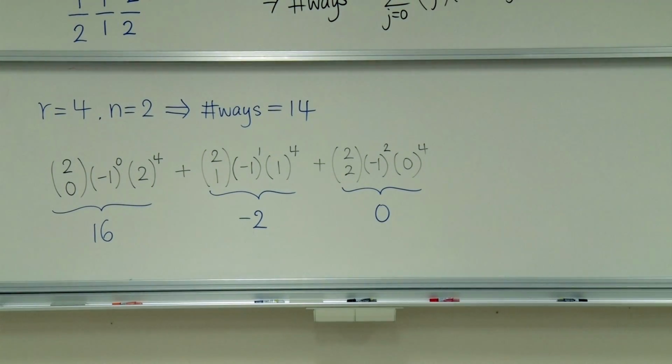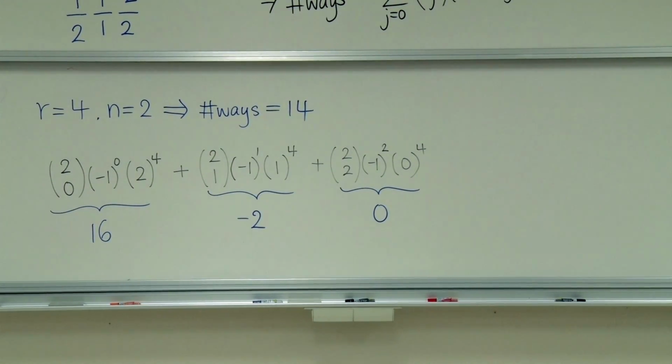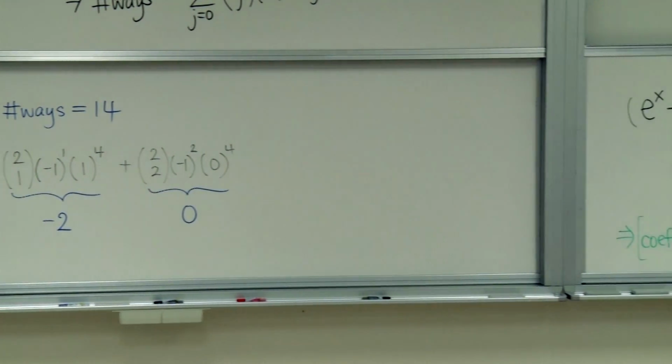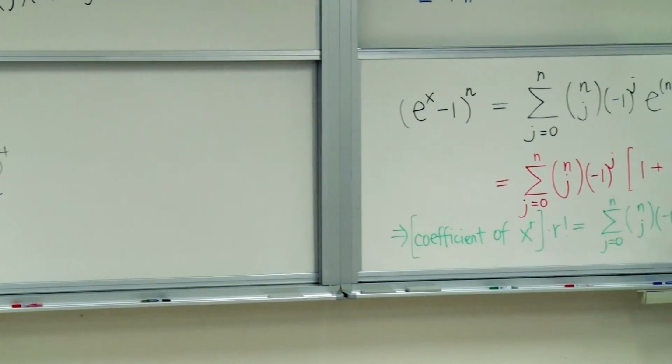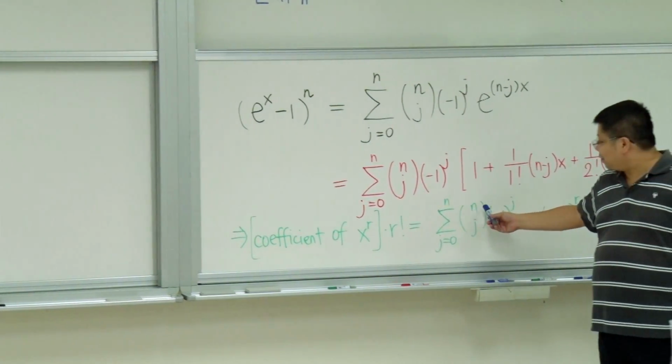Now this is a very strange thing, right? How do we get an interpretation of this one? So this formula is really strange. You have a summation of things.